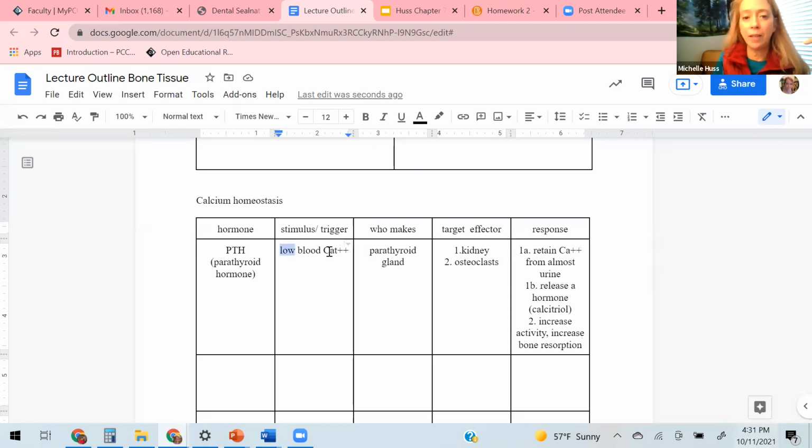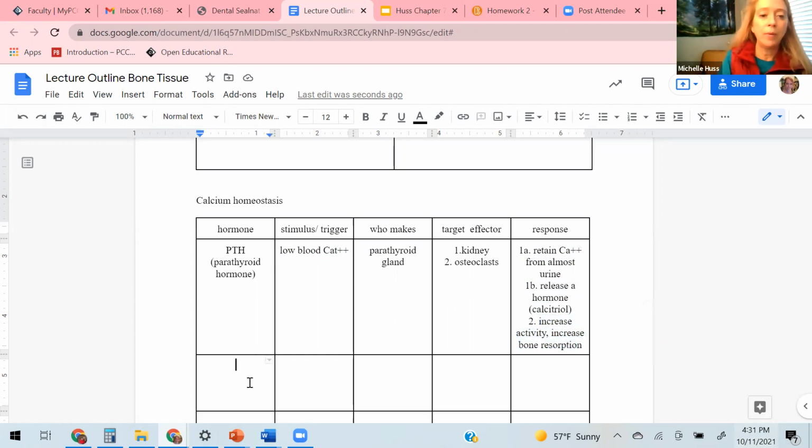So my stimulus right here is low blood calcium. Look at everything here. I release a hormone, we don't know yet, but retain calcium. We're going to retain calcium in the blood. We're going to increase osteoclasts and increase how much calcium we're putting back into the blood from the osteoclast. Do you see how it's a negative feedback loop?